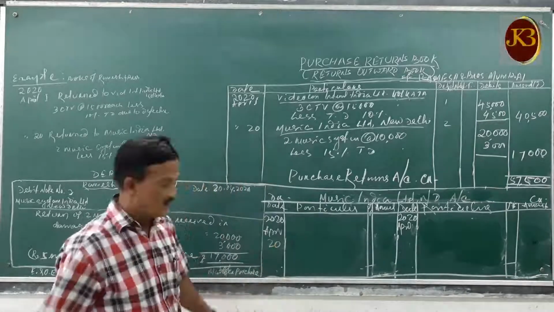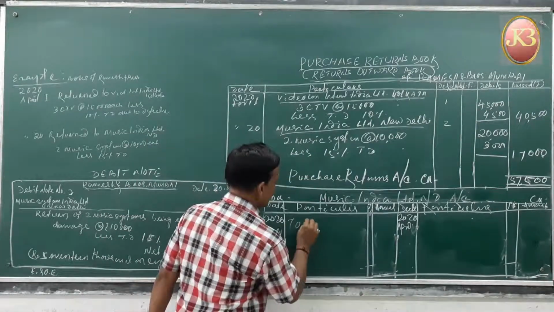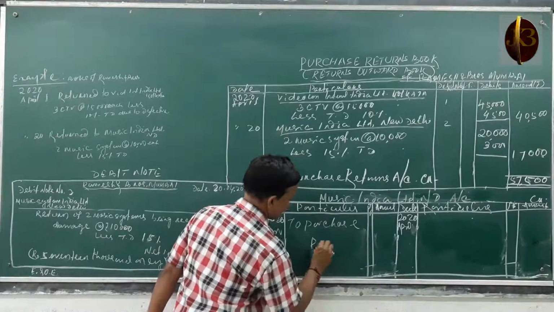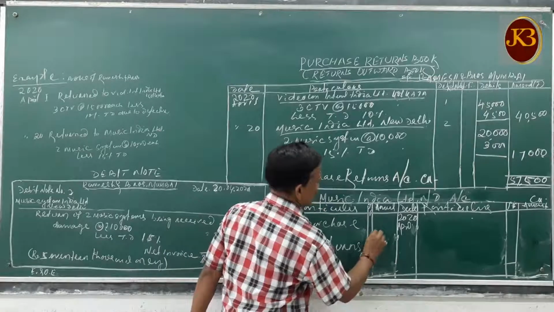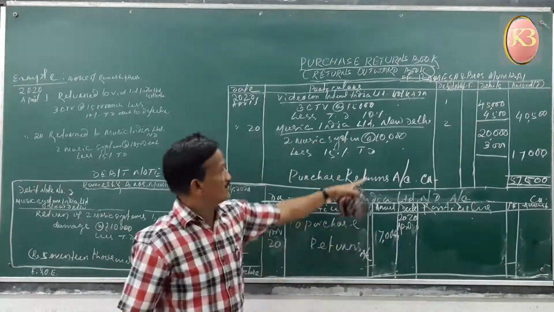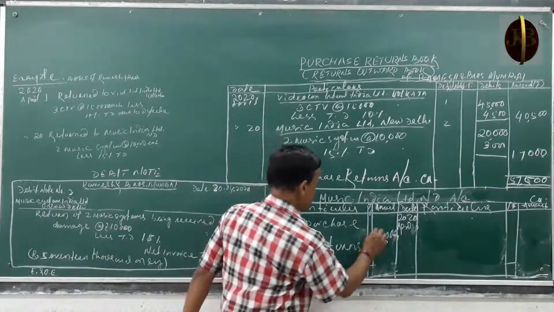You have to write here on the debit side: To Purchase Returns account, that is 17,000. So this 17,000 is posted.